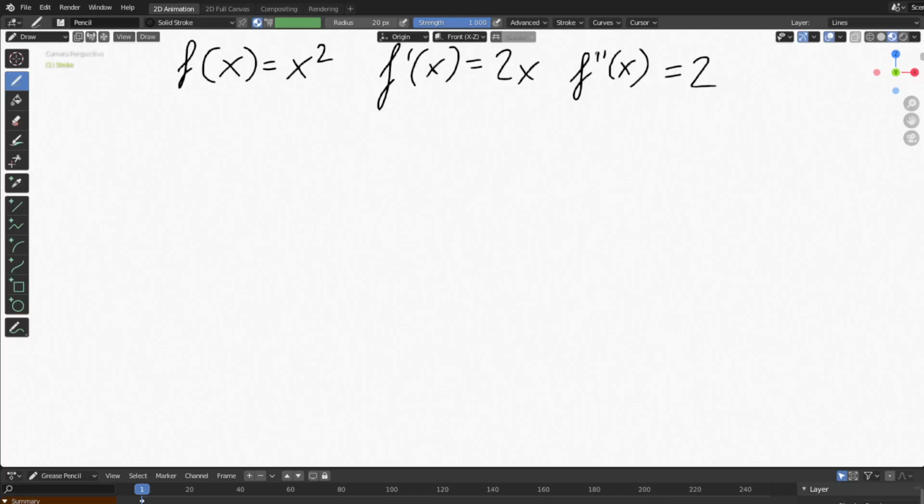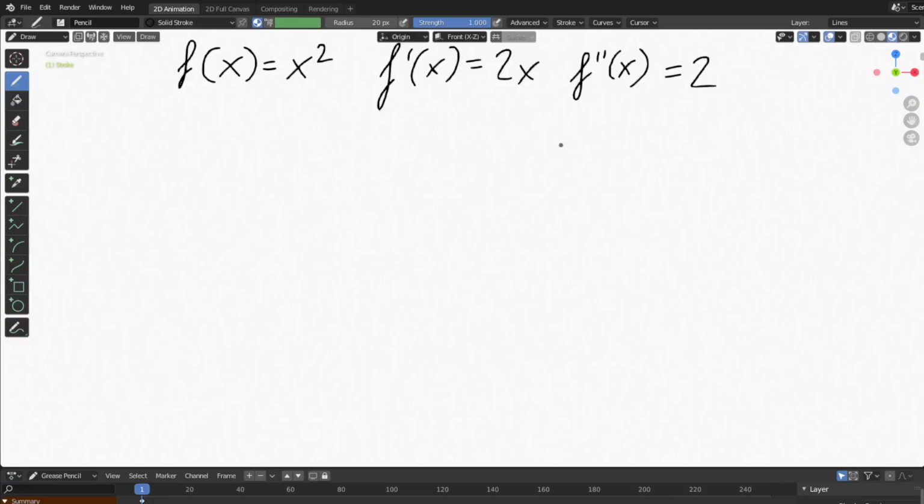That is the second derivative, f double prime, also shown as d2y over dx2. There are other ways to notate it, but those are the two common ones.